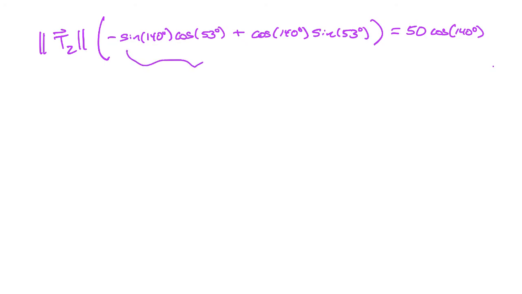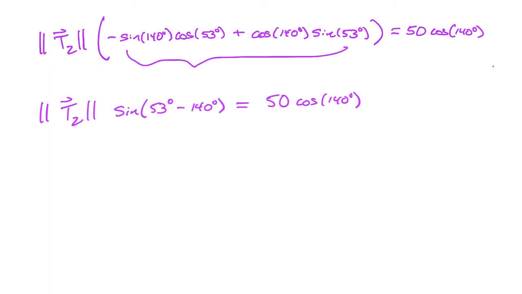Well, we can actually use a trig identity to put those together because that looks like one of our sum formulas for sine. Using our trig identity, that looks like the magnitude of T2 times the sine of the difference between 53 degrees and 140 degrees, equal to 50 times our cosine of 140.